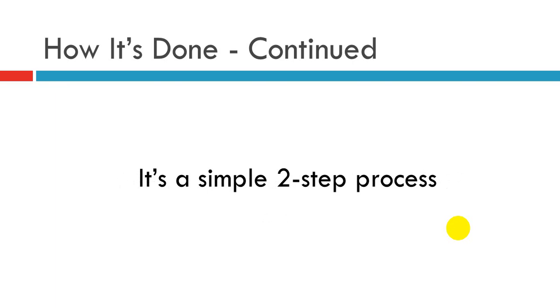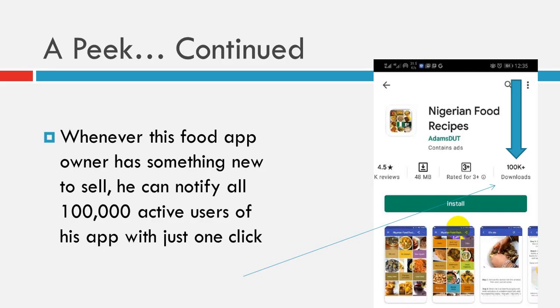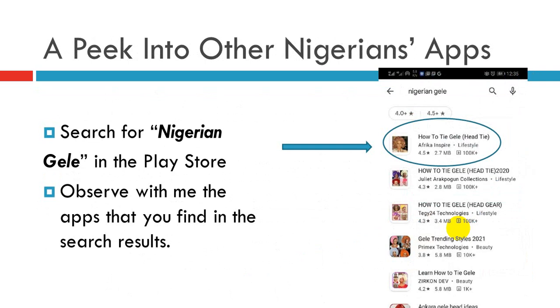It's a simple two-step process of now owning your own platform, owning your own crowd, and not being dependent on spending money every time you want to get new customers. It's now your turn to be like these people, because these people you see right here, they are platform owners.